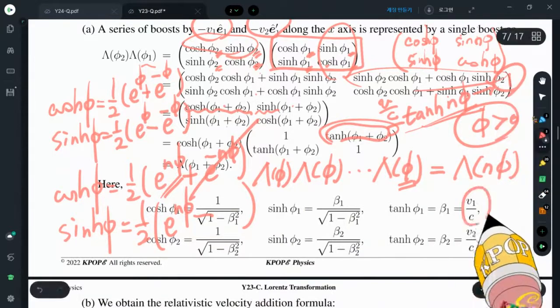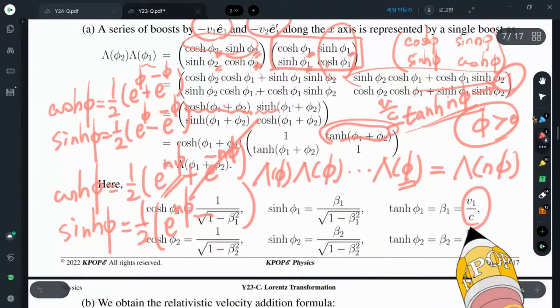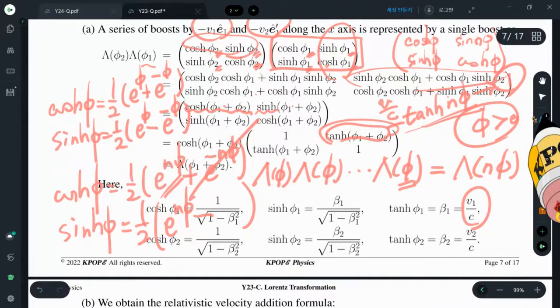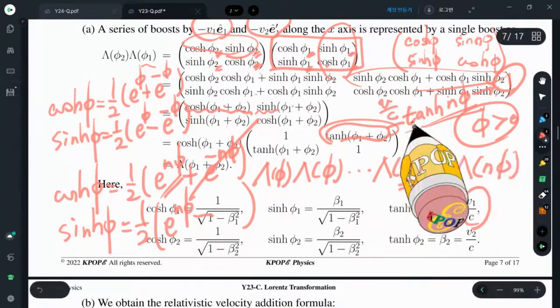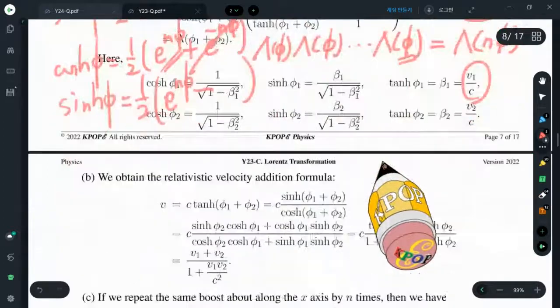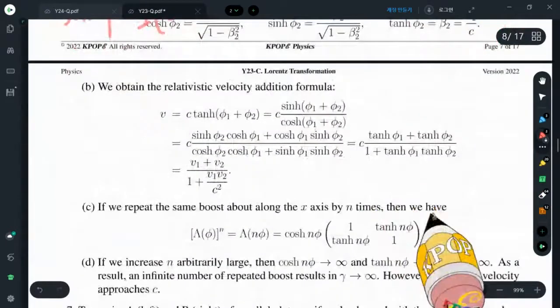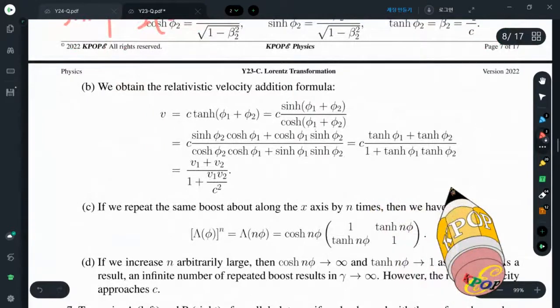What's that? v over c reaches 1. It cannot be greater than the speed of light. That's very, very important. The velocity cannot be added further to have a velocity greater than the speed of light.